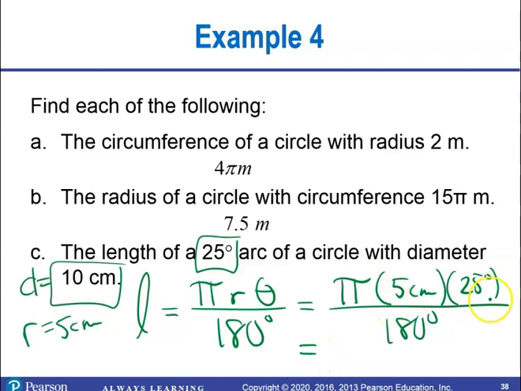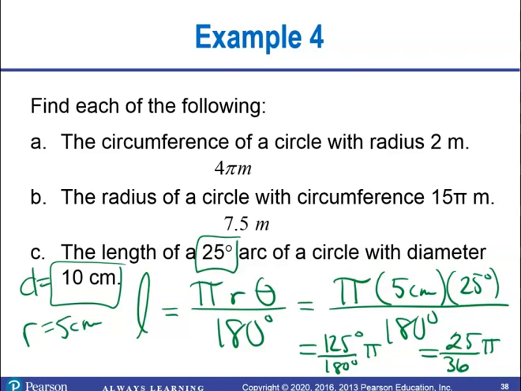Now, 5 times 25 is 125. Okay, so now I'm going to move that in front. 125 degrees divided by 180 degrees, and I still have pi as part of my answer. Now, if I wanted that in fraction form, I would reduce both of these. I do see that they both divide by 5. That might be the biggest thing they both divide by. And when I say they both divide by, that's the greatest common divisor, right? So let's bring in some of our old class stuff.